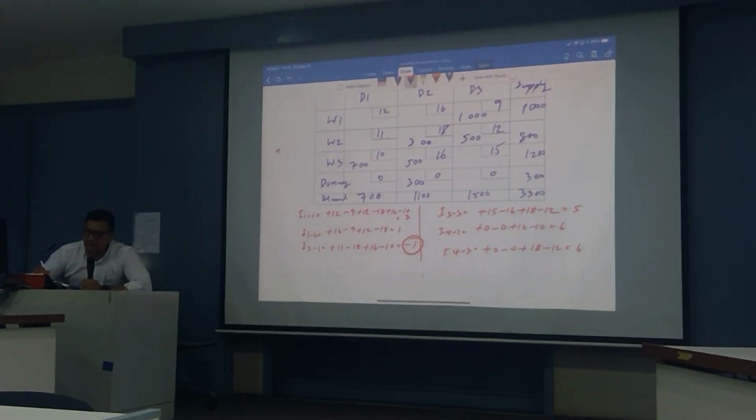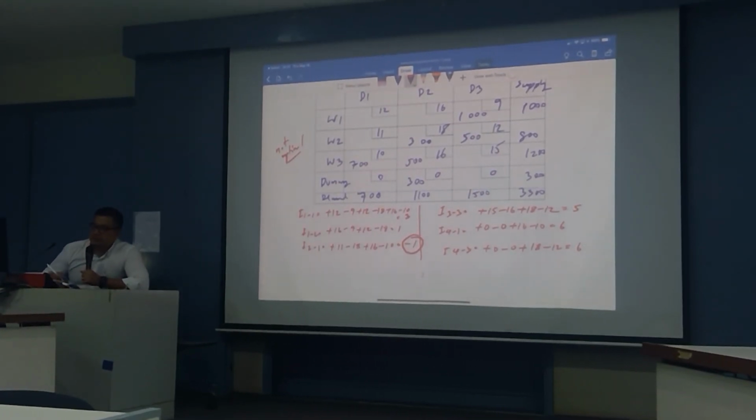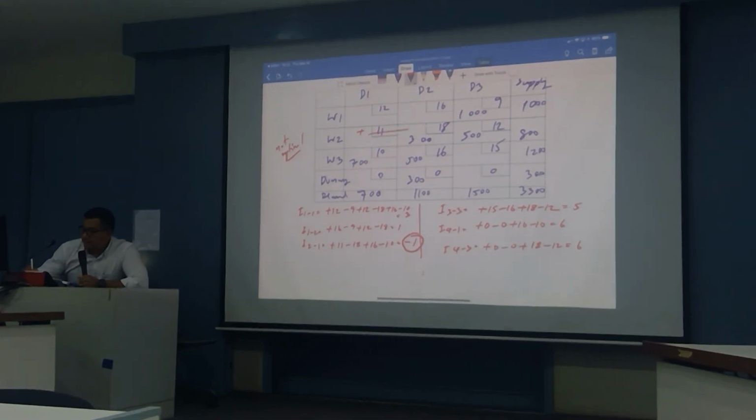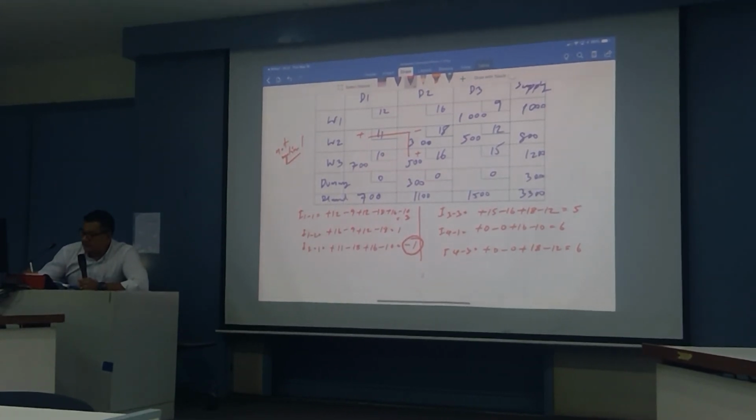This is not optimal. We need to modify. We're going to modify cell 2-1, right? And based on cell 2-1, this is the closed path for cell 2-1: plus 11 here, minus 18, plus 16, minus 7, minus 10.